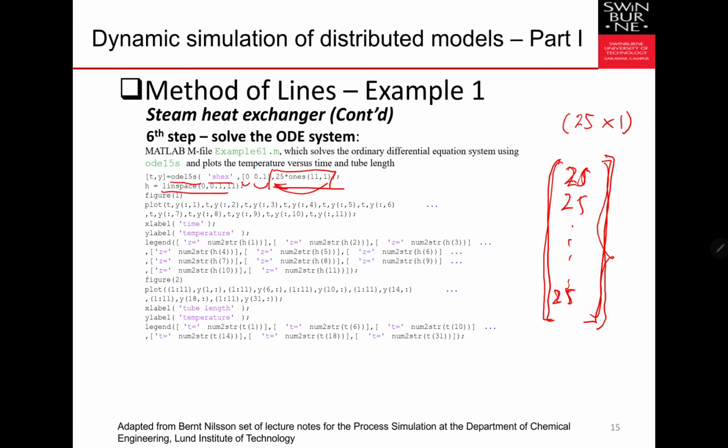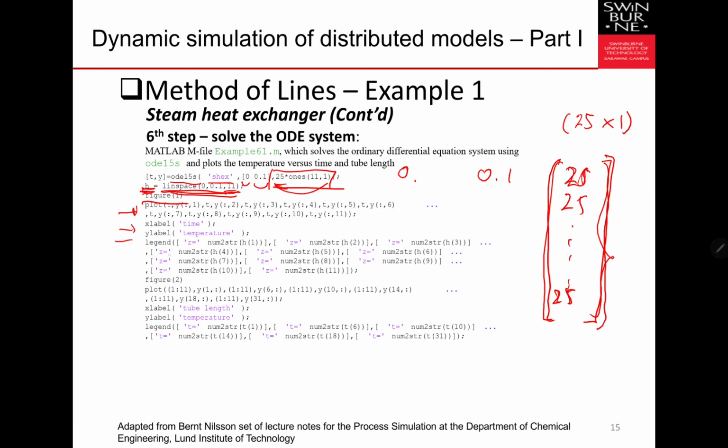Okay, and then for the step size, H is basically a matrix consisting of 0 to 0.1, and then we have 11 of those. Okay, so this H is basically a vector of the position. Then everything that follows is just the plotting: X label, Y label, legend.